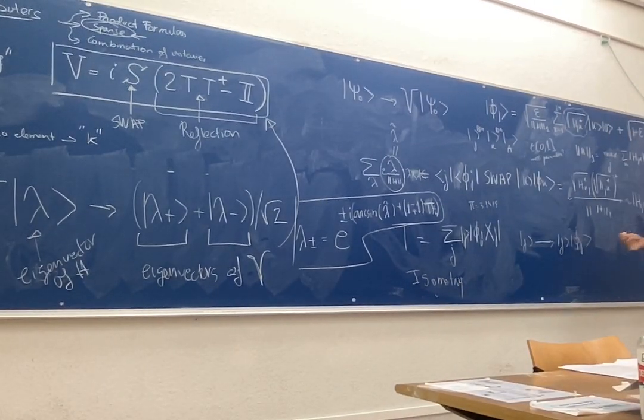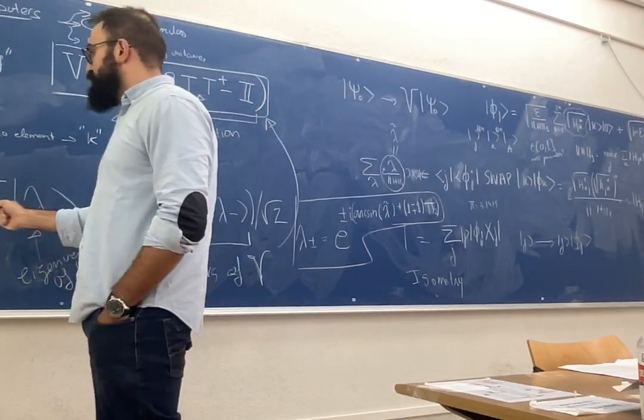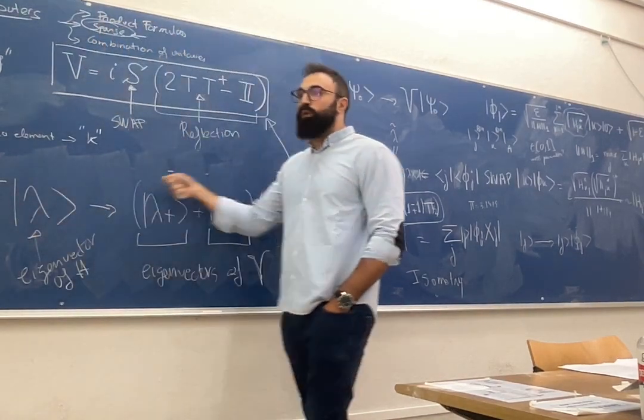So basically now the idea is what happens if I take an initial state and then apply the quantum random walk.